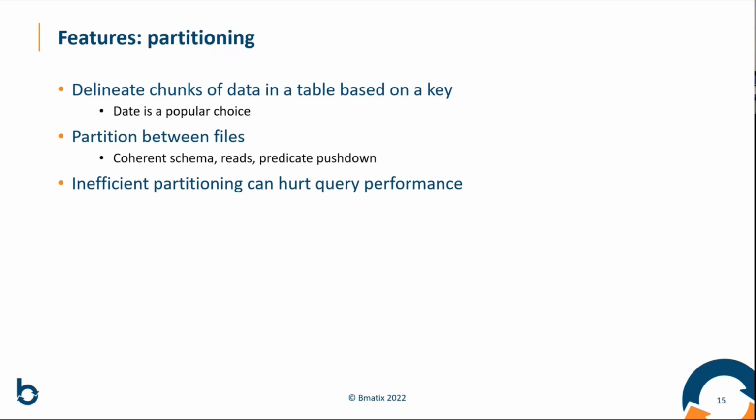A last feature for file formats, or not the last feature, but the last feature before we tie it all together, is partitioning. Partitioning is where you delineate different chunks of data in a table based on a key. And what do I mean by that? If you have, for example, a table containing purchase orders, and every day, nightly, the new purchase orders from the day before are read in, you can actually partition the end results table containing all the purchase orders for a certain period of time based on the date column in this case.